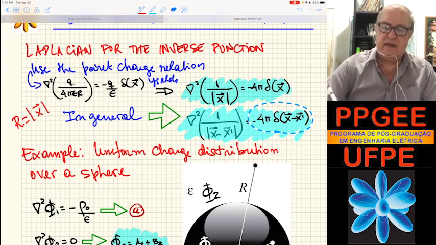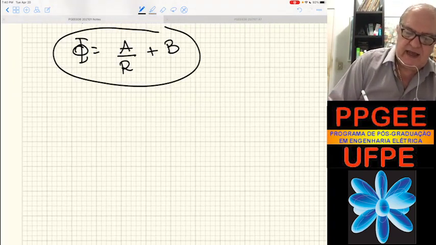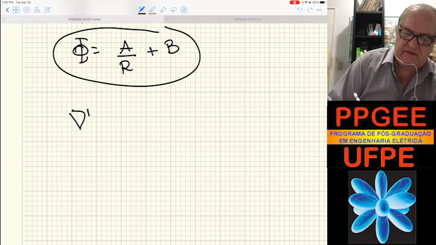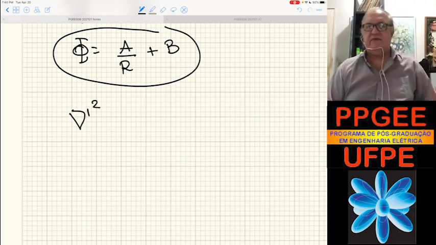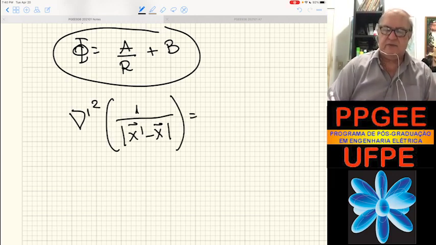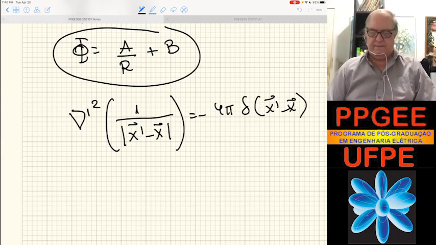Suppose I take the Laplacian relative to the prime variable, so derivatives are for the prime variable. Then 1 over the magnitude of x prime minus x, same result, equals minus 4 pi delta of x prime minus x.